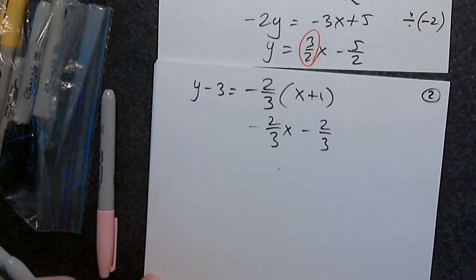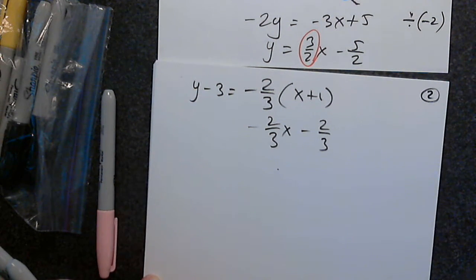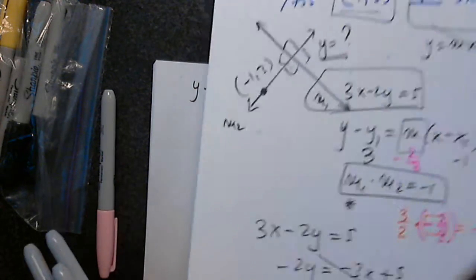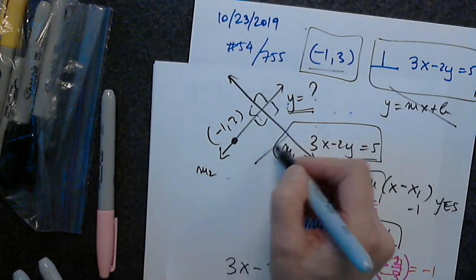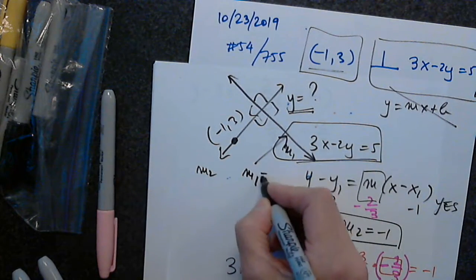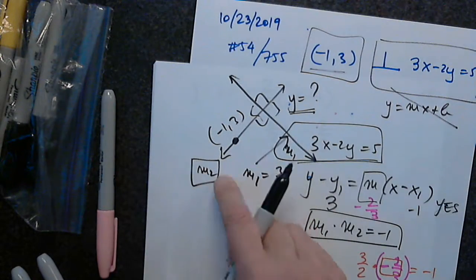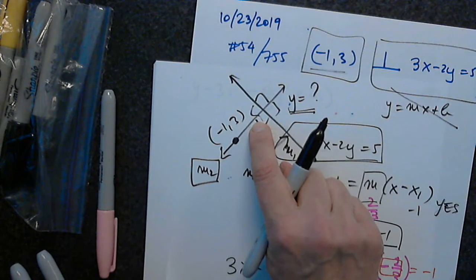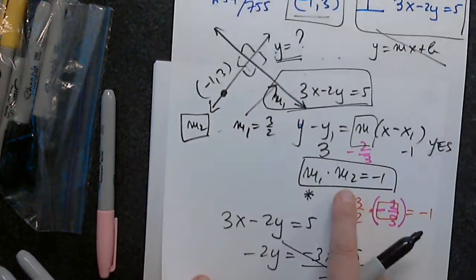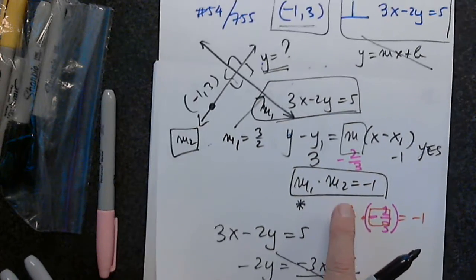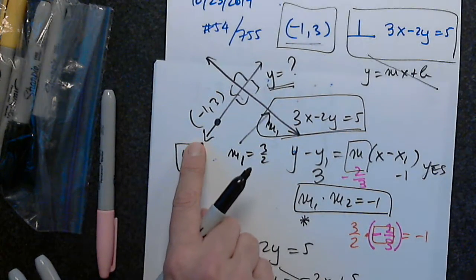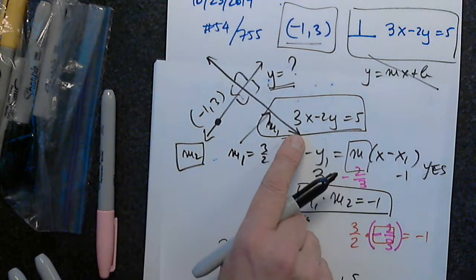Yes, please, Maureen. Why did we use -2/3 instead of the 3/2? The 3/2 is the slope of this line. m1 equals 3/2. We need to find the slope of the line that we are looking for. So we're finding m2, because m2 was not given to us. m1 was given to us.